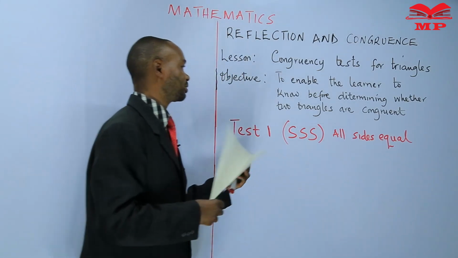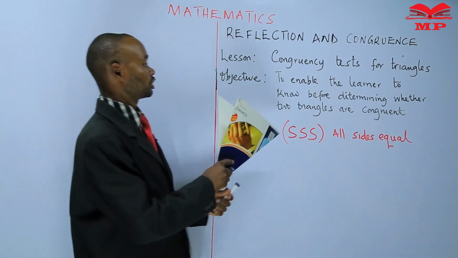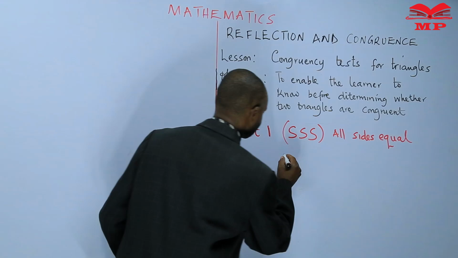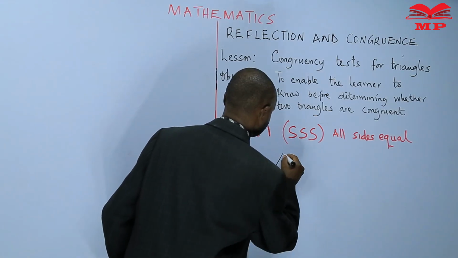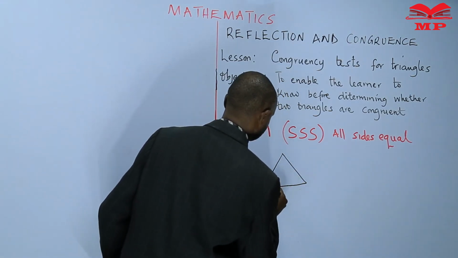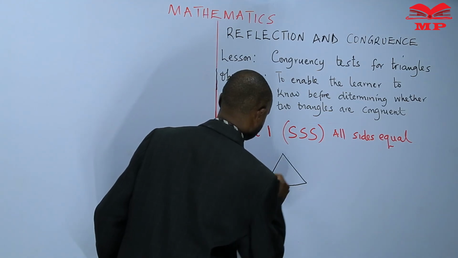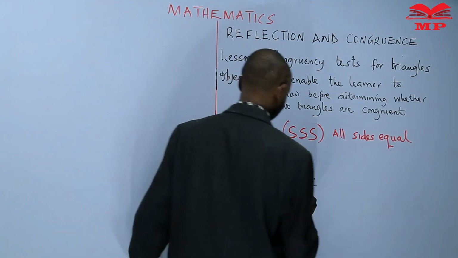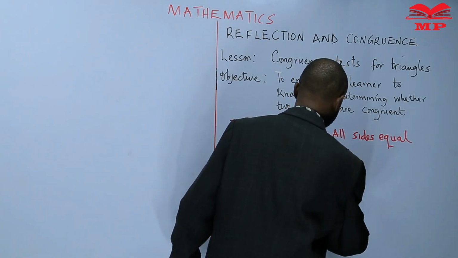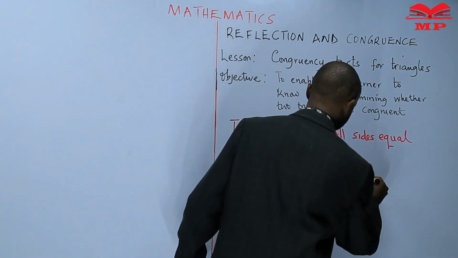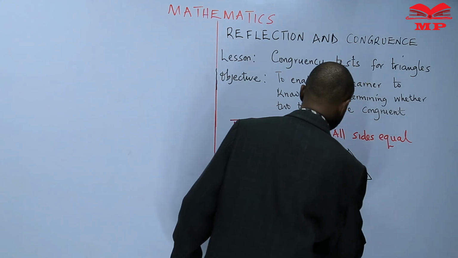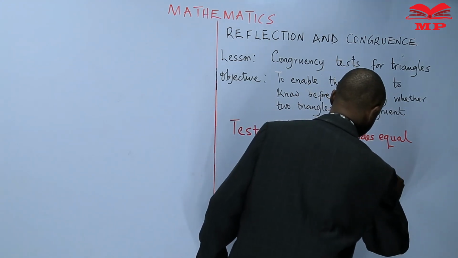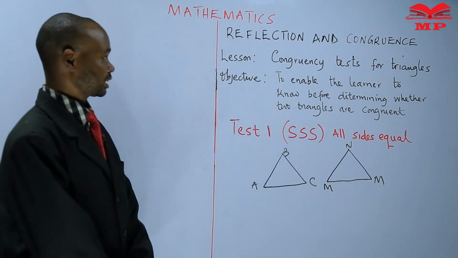So before you determine in the first test that the triangles are equal, if I have the first triangle A, B, C, and I have M, N, Q, the corresponding sides should be equal. What am I saying?